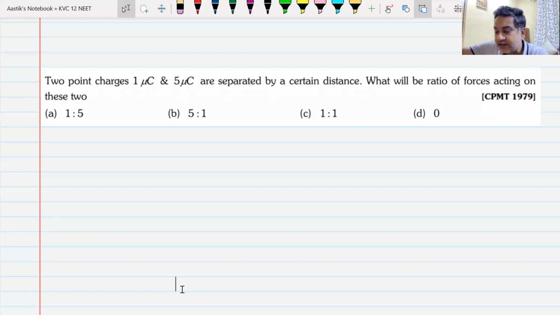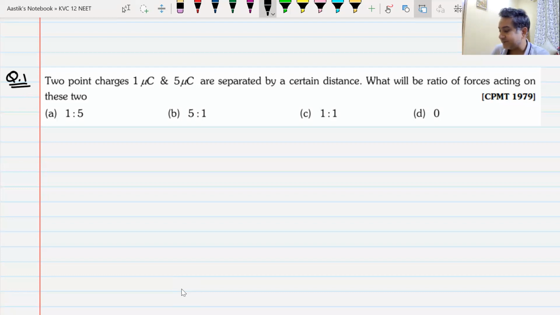Remember, these are the type of questions that are going to come in the exam, so I'm only concentrating on and doing those questions. Remember to mark these questions and remember them. What is the answer for this one? What will be the ratio of forces acting on these two?